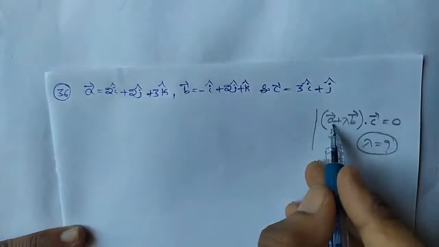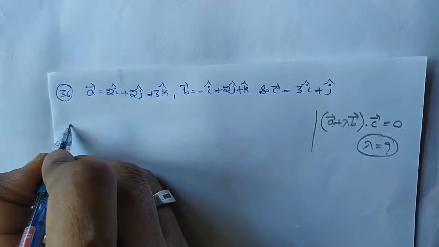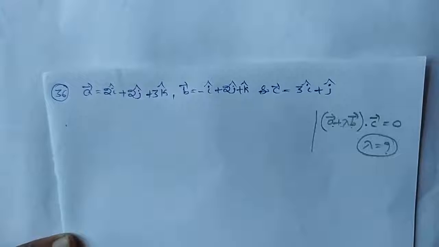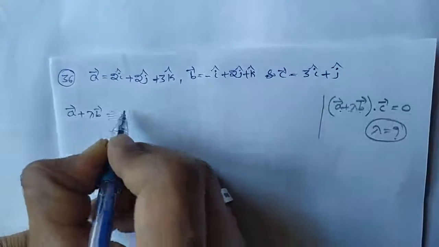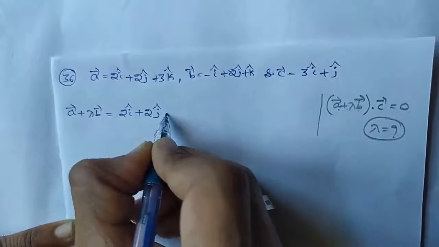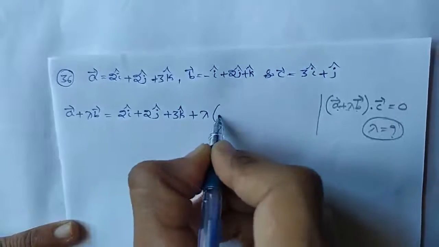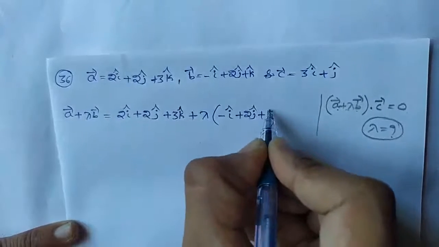For this question we want a plus lambda b vector. So a vector is 2i plus 2j plus 3k, plus lambda into b vector, which is minus i plus 2j plus k.